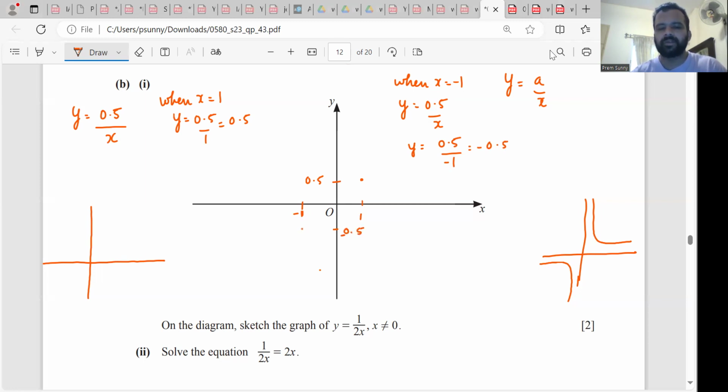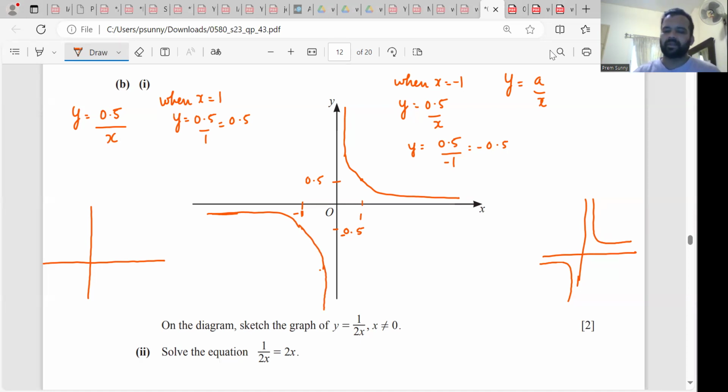This is the point which the curve will be passing through. So now the graph will be something like this. And its asymptotes will be the x-axis and the y-axis. So this will be our graph.